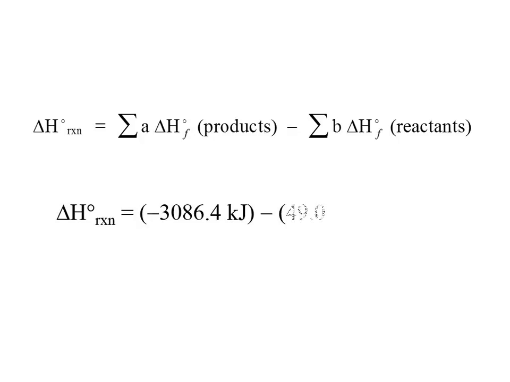So now we're ready to finish up one last subtraction for the enthalpy of this reaction. So it would be negative 3,086.4 minus 49.0 quantity kilojoules. And you're subtracting something from a negative, so it's kind of like adding them and carrying along the negative sign.